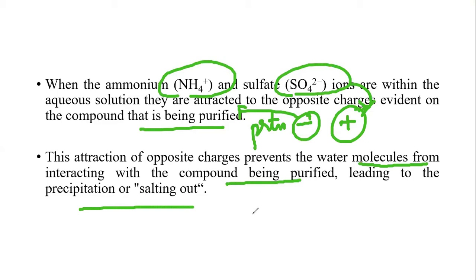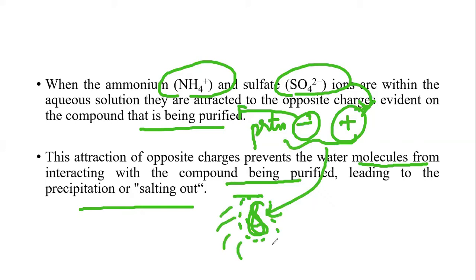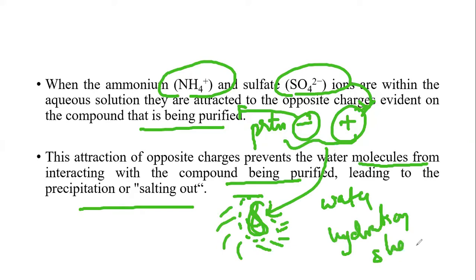So what does it mean? So whenever protein is there, water molecules are there. So when these negative and positive charges of ammonium sulfate go and interact, it removes these water molecules. Okay. So your water hydration shell is removed.